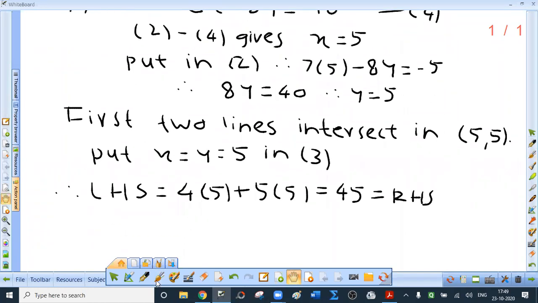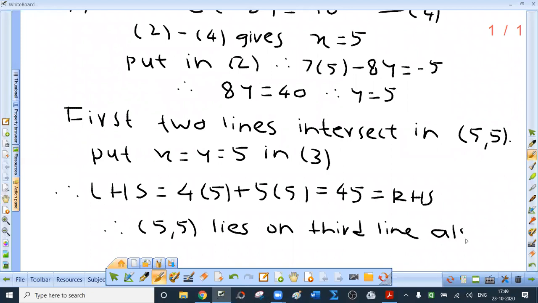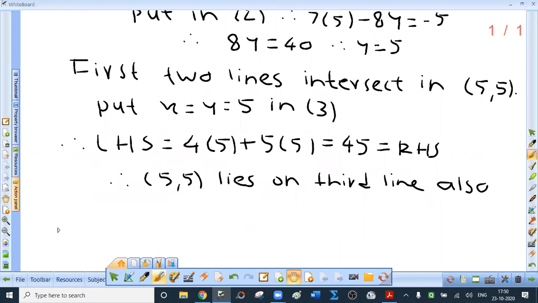Therefore, 5, 5 lies on third line also. Therefore, lines are concurrent. As I said, what is the advantage of this method?